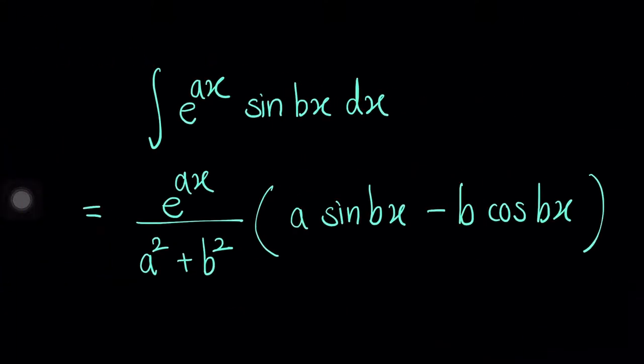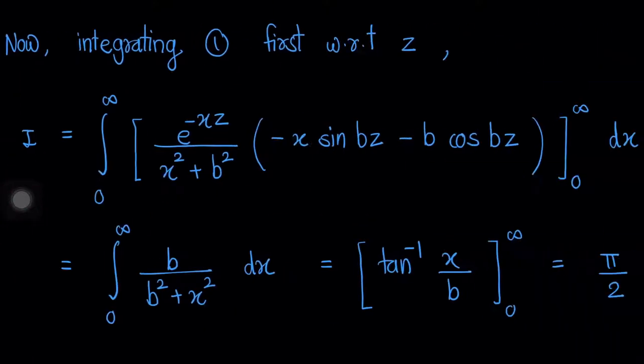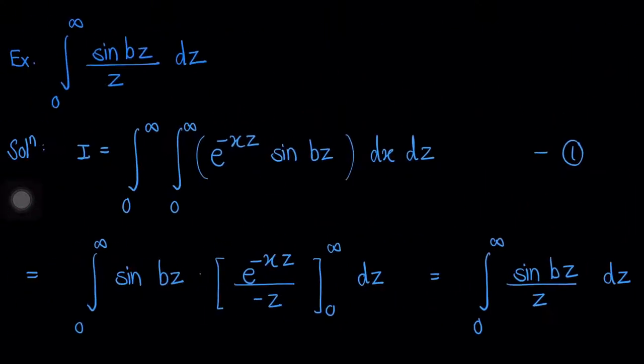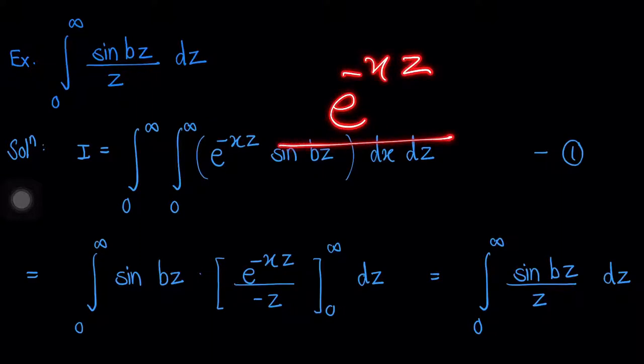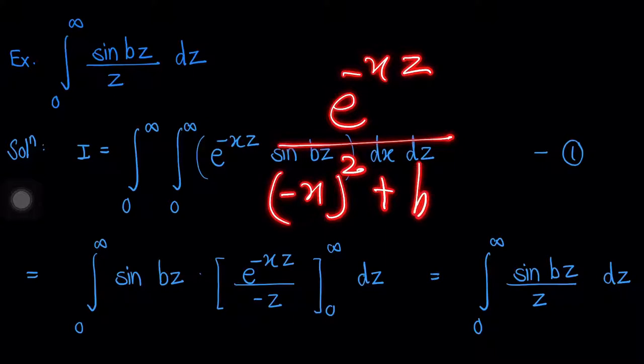So using this formula we will have e raised to minus xz upon x square plus b square, that is here the coefficient of z is minus x. Okay, so e raised to minus xz upon coefficient of z, that is minus x square, plus coefficient of z in sine term, that is b, so b square.